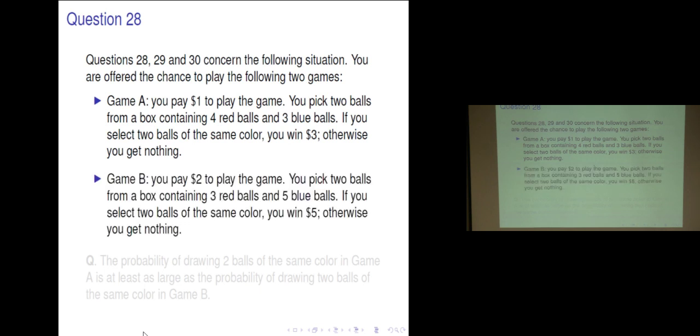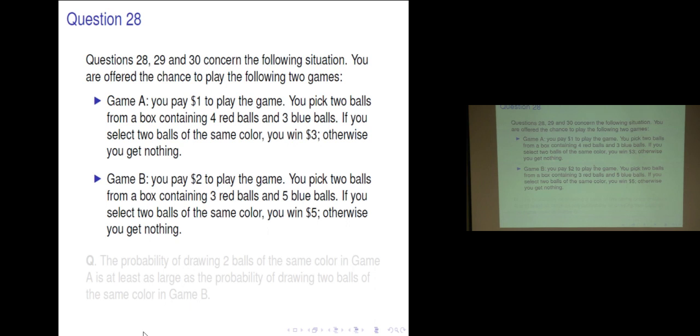Game B says you pay $2 to play the game, and you pick 2 balls, it's almost similar, from a box containing 3 red balls and 5 blue balls. If you draw 2 balls of the same color, then you win $5.